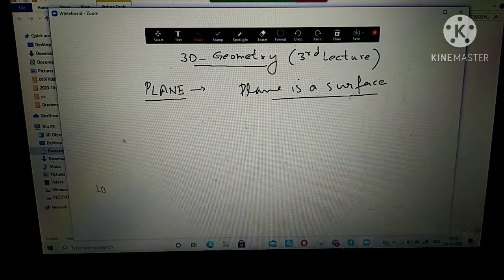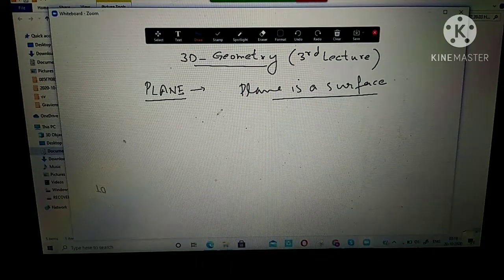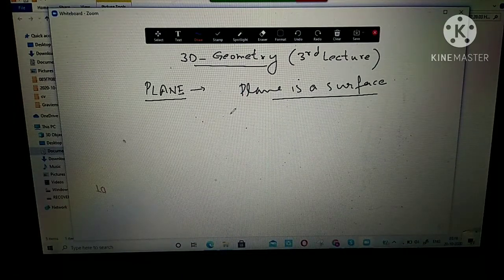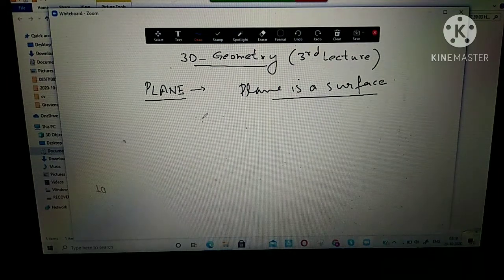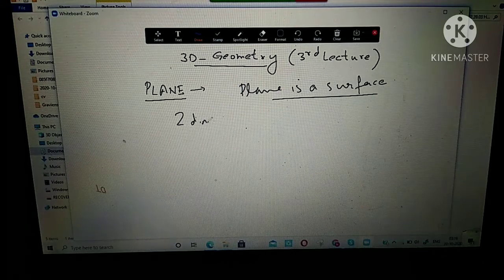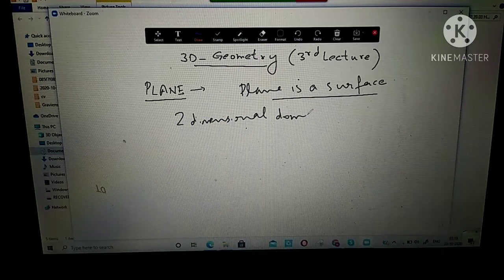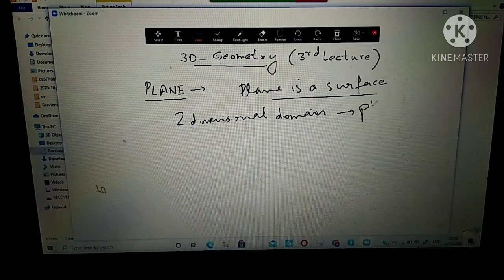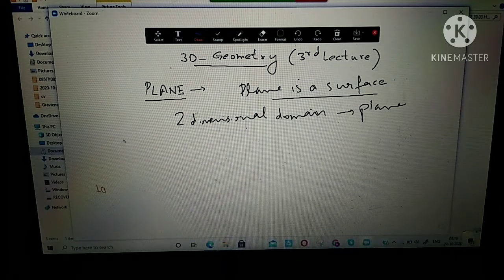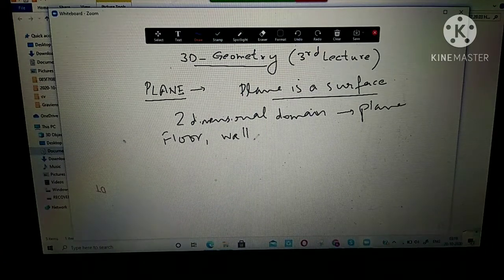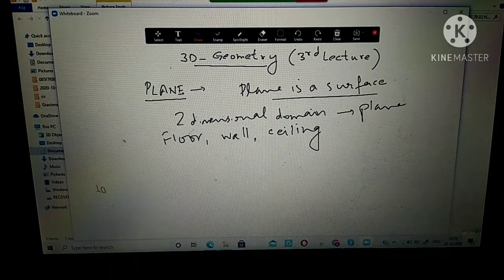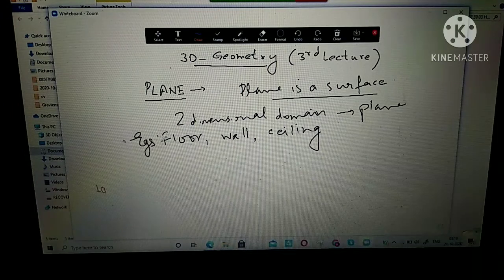Any surface, or any two-dimensional domain, is a plane. For example, a floor or a wall or a ceiling. All these are examples of a plane.